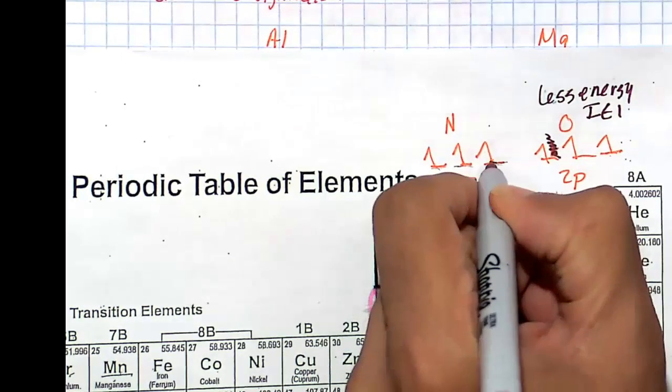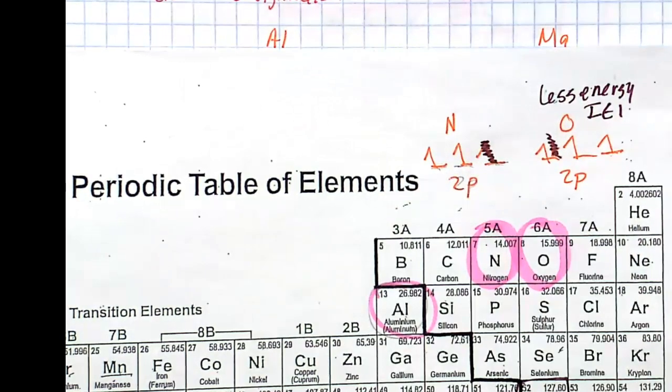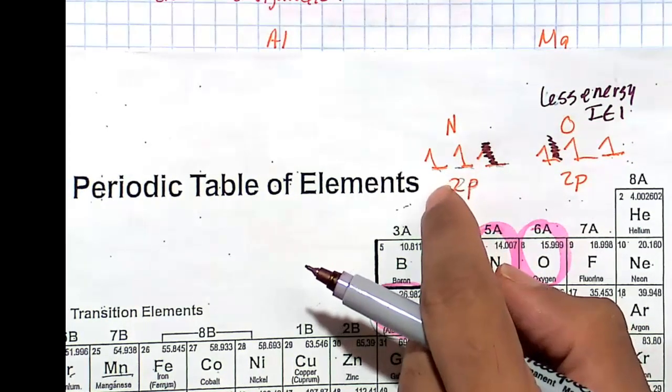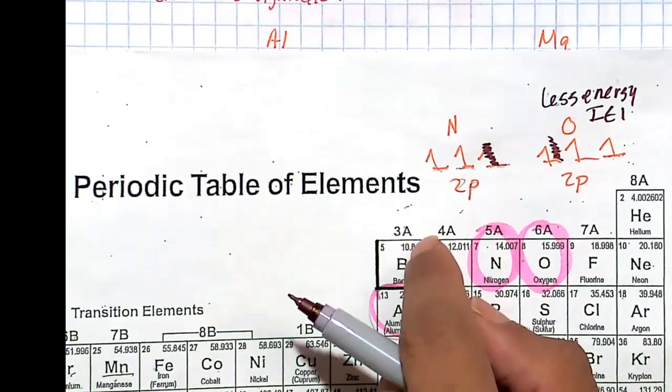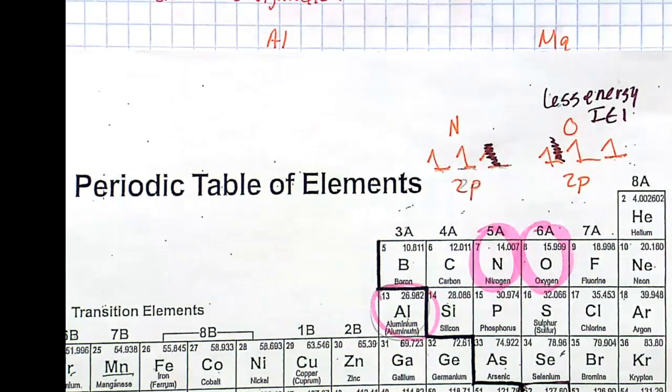Now, if I remove an electron here in nitrogen, that's going to take a lot of energy, because what you have left is two unpaired electrons and one empty slot, and that's energetically a little bit unstable. Having a 2p subshell that's completely half-filled is much more stable.